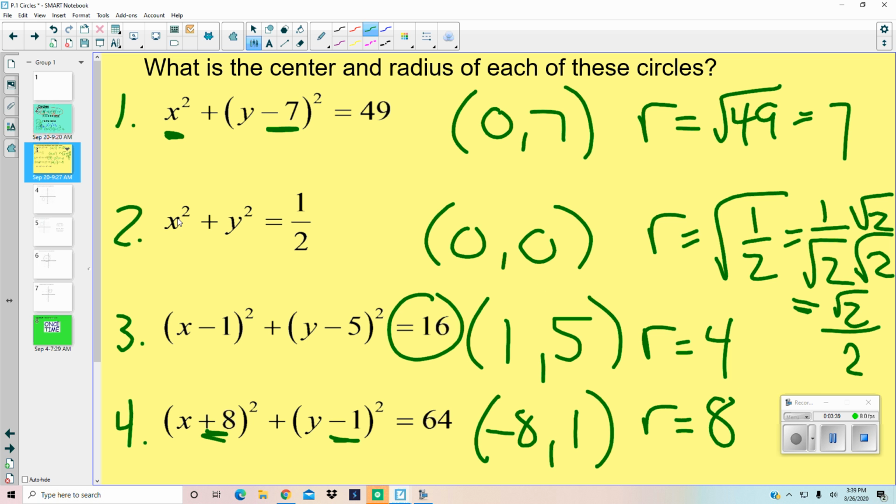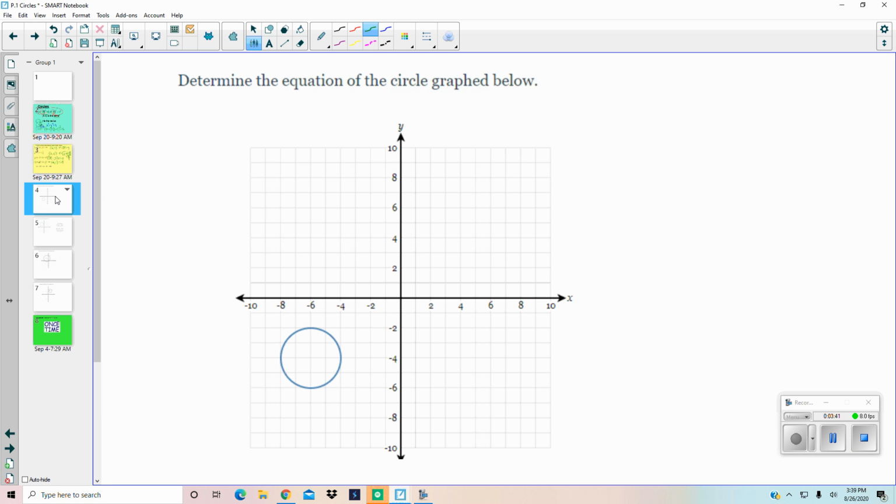All right, here's what an example problem on the assignment is going to look like. They're going to give you a graph with a circle on it and ask you to find the equation. In order to find the equation, you have to know the center.